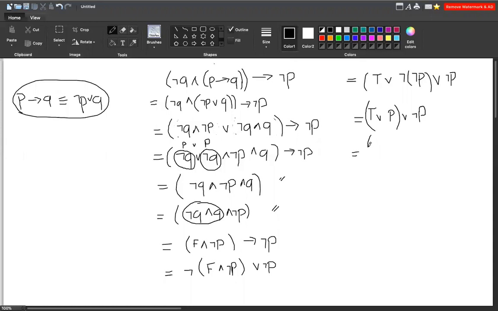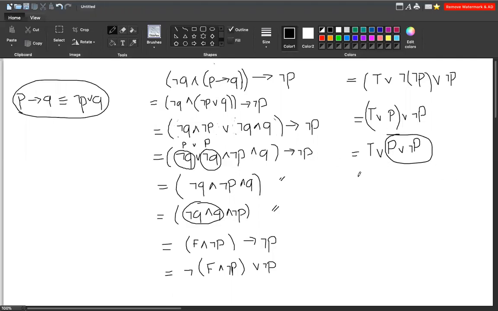Okay. Now because we don't have anything further we can solve inside the bracket, let's take out the bracket. So true or P or negation of P. Now there's this one statement inside that we can solve, right?